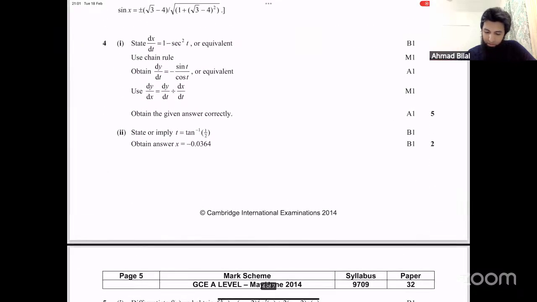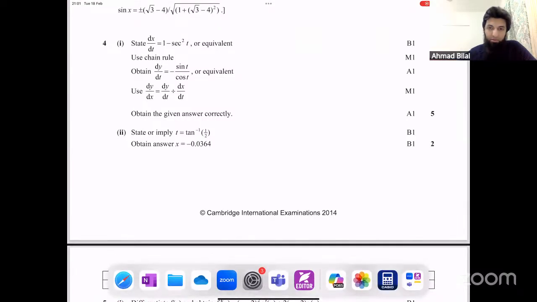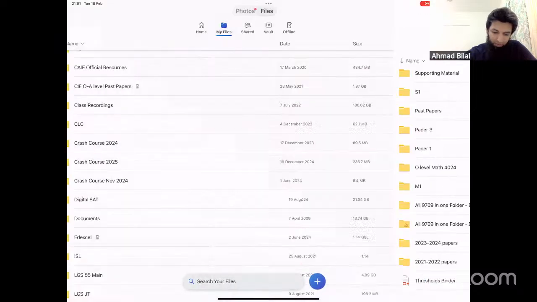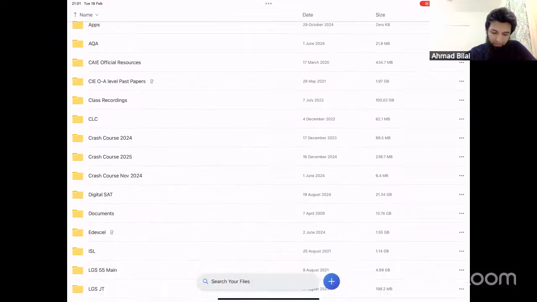सही है, ये आ रहा है -0.0664. हाँ जी. हो सकता है उसकी जो वर्कशीट के साथ मार्किंग स्कीम है उसमें कोई प्रिंटिंग एरर हो सकता है, लेकिन चेक दैट एज वेल.